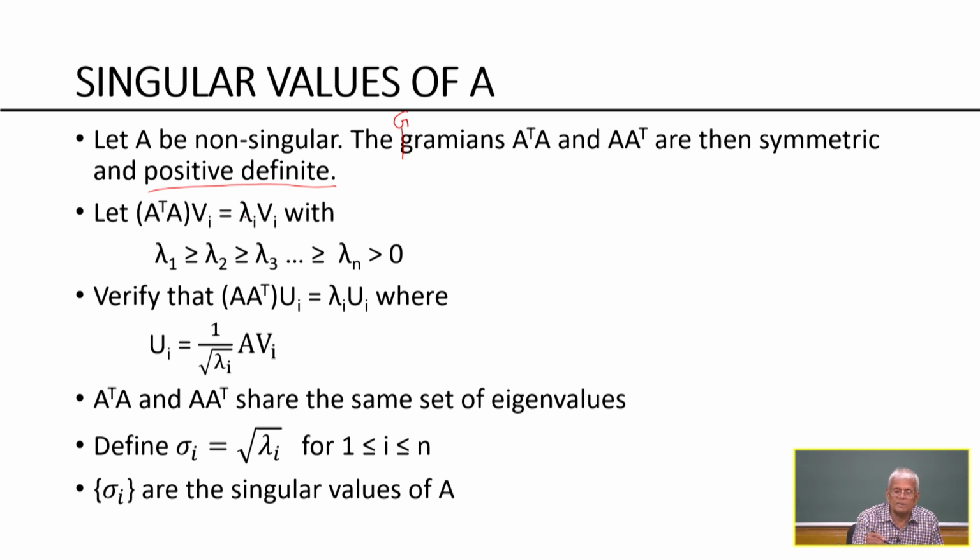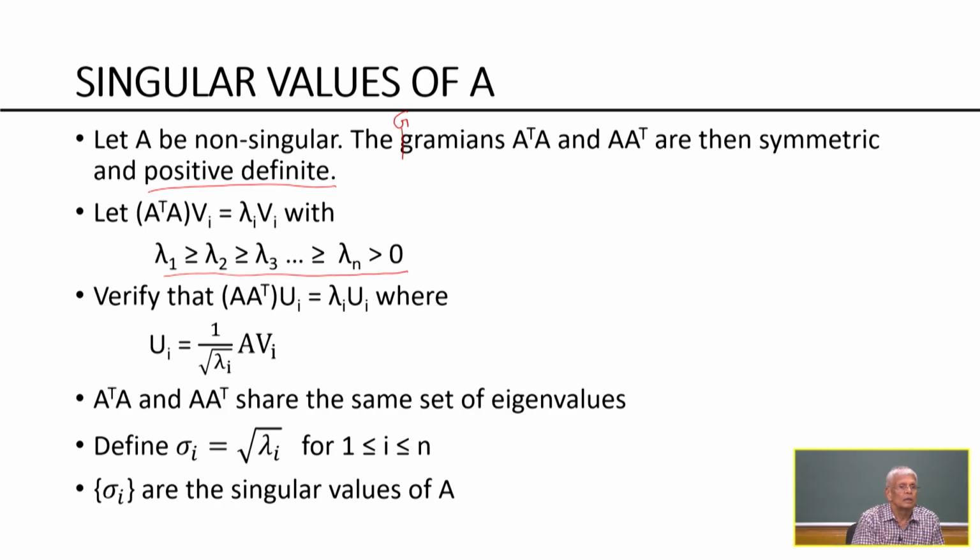Let lambda i be the eigenvalue of A transpose A. So A transpose A Vi is lambda i Vi. It must have n eigenvalues. If it is positive definite, even the least eigenvalue must be positive. Lambda 1 is the largest eigenvalue, lambda n is the least eigenvalue. They are ordered lambda 1 to lambda n like that.